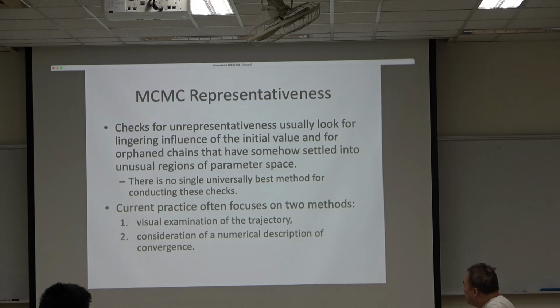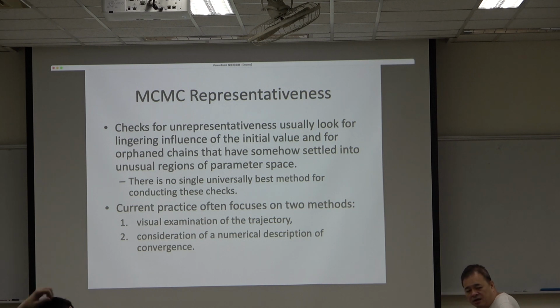If you want to know how representative the MCMC chain that you generate is, you can use visual examination of the trajectory, and also you can consider certain numerical descriptions of the convergence.